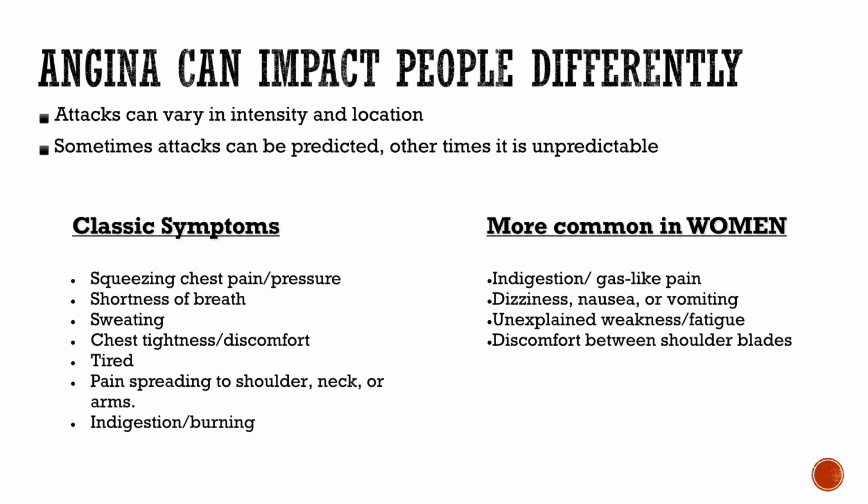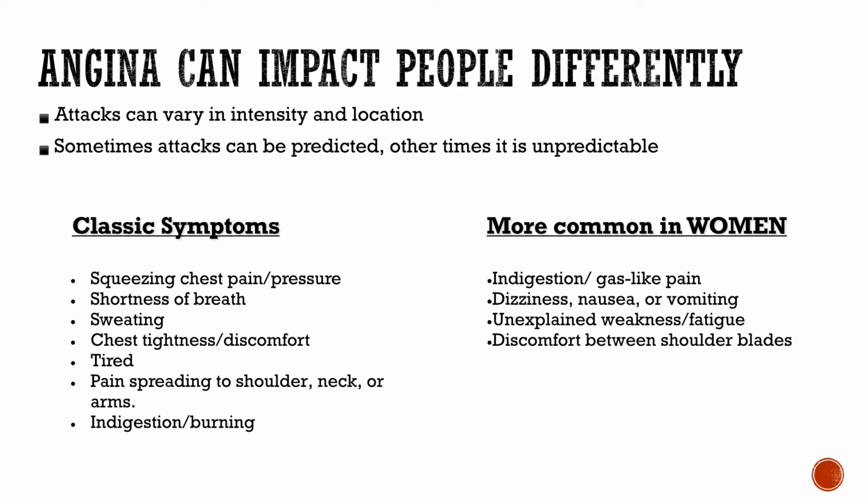As we examine the classic symptoms of angina, we know that they affect people in different ways. The intensity can vary, the location can vary, sometimes they're predictable and sometimes they're not. So what are some of these classic symptoms of angina? Most people have a squeezing chest pain type of pressure.